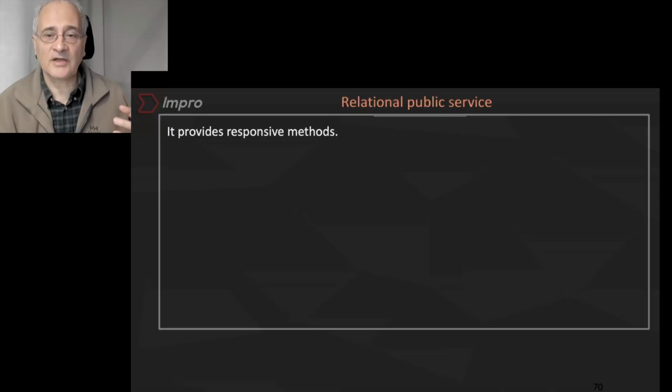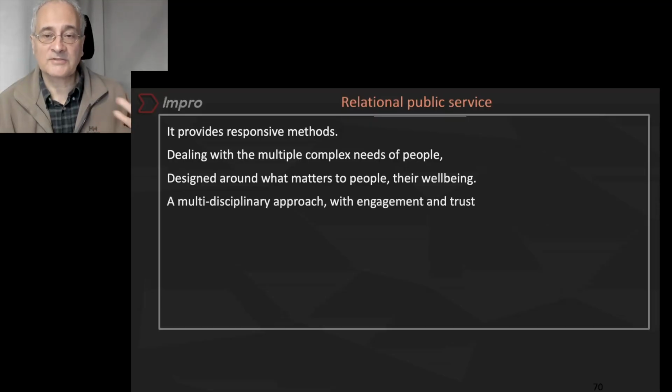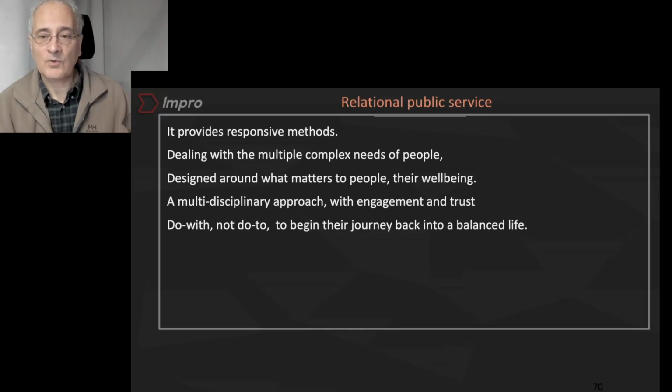Relational public services provide responsive methods designed to deal with complexity, dealing with the multiple needs of people rather than individually fixing single issues by separate transactional services. They're designed around what matters to people. They comprise a multidisciplinary approach that allows for flexible ways of working, where local government staff can mobilise themselves dynamically to work with people and other organisations at a local neighbourhood level, where frontline staff engage with people in a way that allows people themselves to decide where and how to begin their journey back to a balanced life.